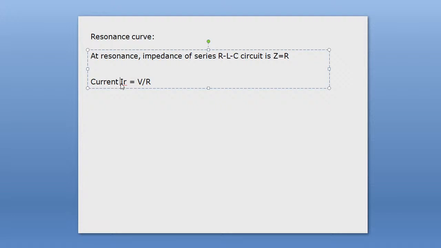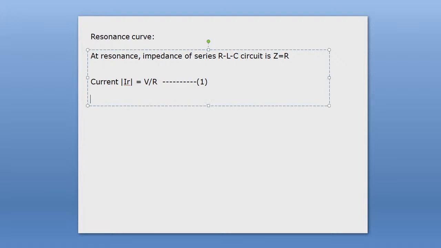You know it has a phase also, so we consider magnitude. So V by R, where V is the RMS voltage of the supply voltage. Consider this equation 1.